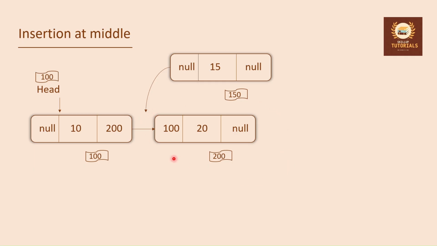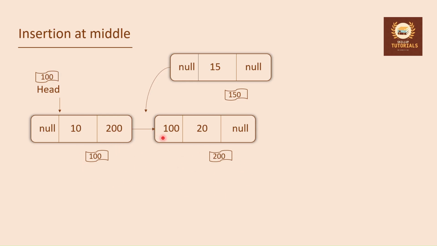How can we check that? If temp dot next is not null, we can update this value. How can we do that? To navigate to this, temp dot next. Temp dot next means 200.